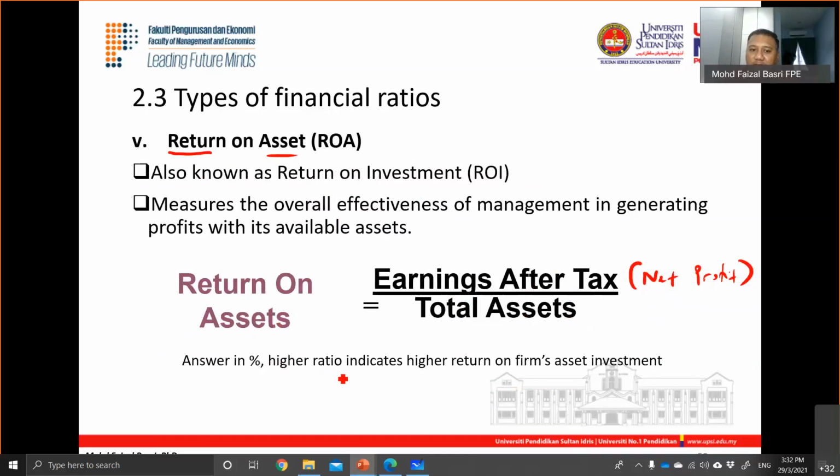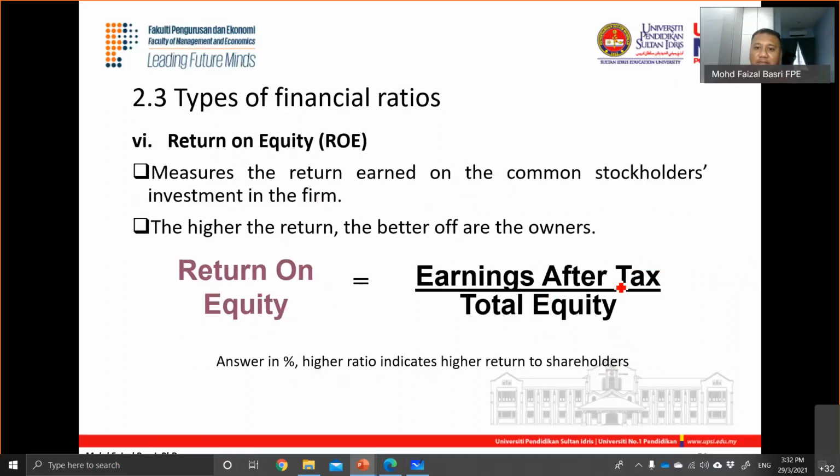Again, the higher the ratio, the better, which indicates the firm's return on the asset investment. So the higher the return on assets, the better their performance from a profitability point of view. And the last one, number 6, is return on equity, meaning net profit divided by total equity. Again, the higher the better.